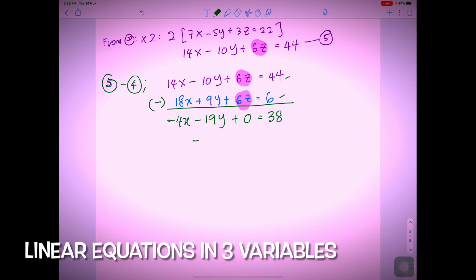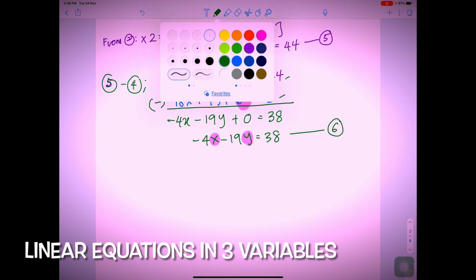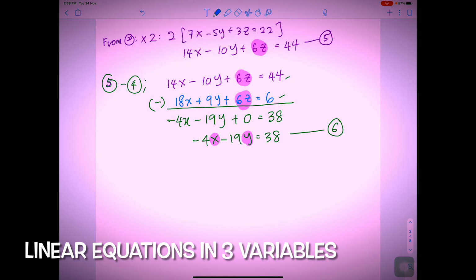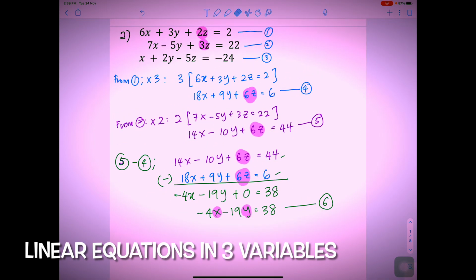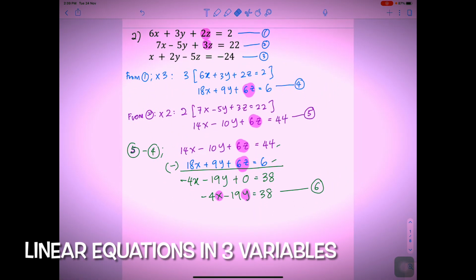Rearrange, so we get 4x plus 19y equals negative 38. We name it as equation 6. Now you can see only 2 terms left. And then again, our second mission is to determine another equation, so that 3 terms become 2 terms.